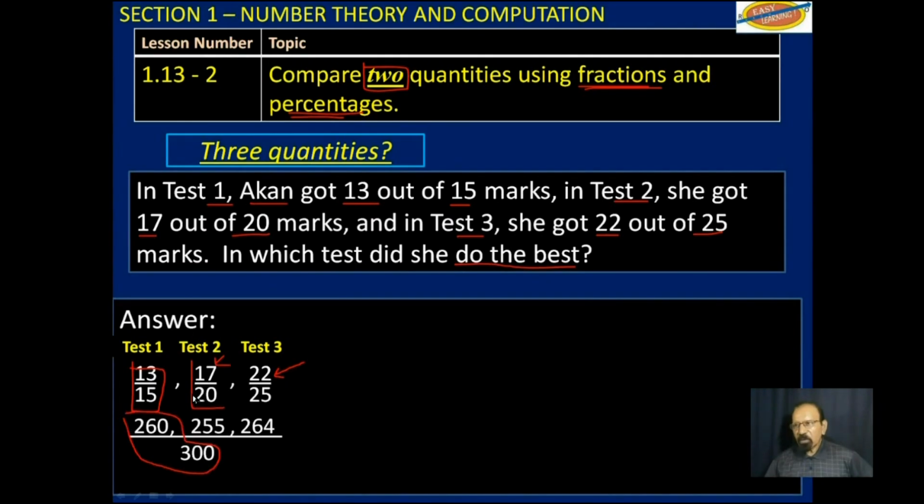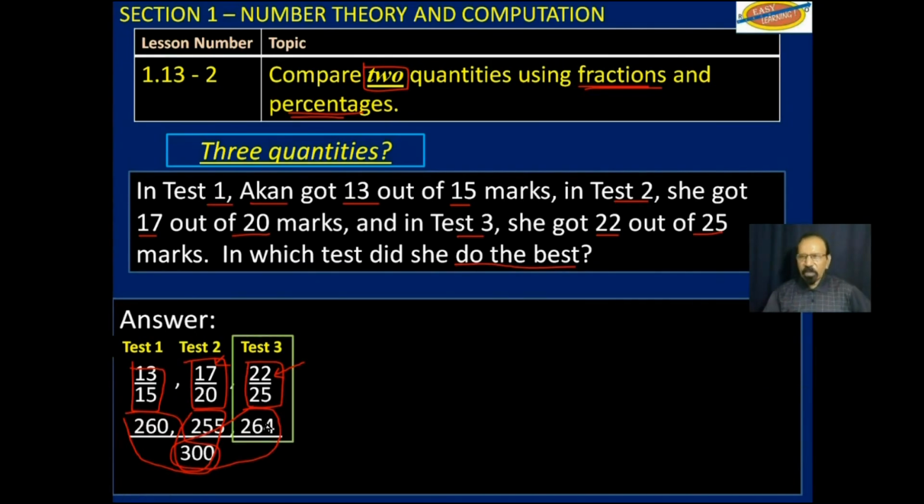And 17 over 20 is the same as 255 over 300. And 22 out of 25 is the same as 264 over 300. Okay, so based on the fraction, you have the answer for that. So she did best in test 3, as you can see.